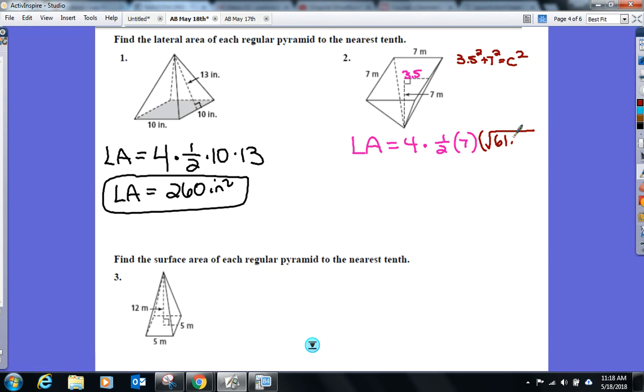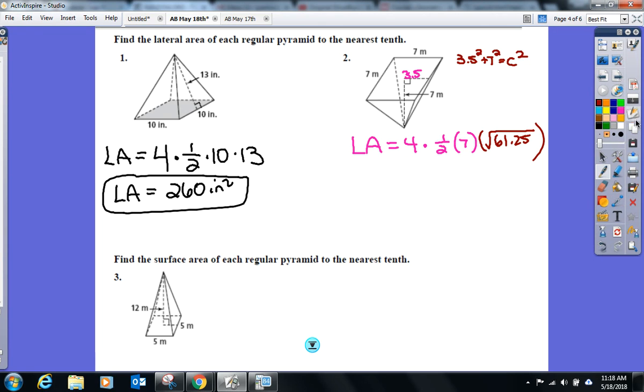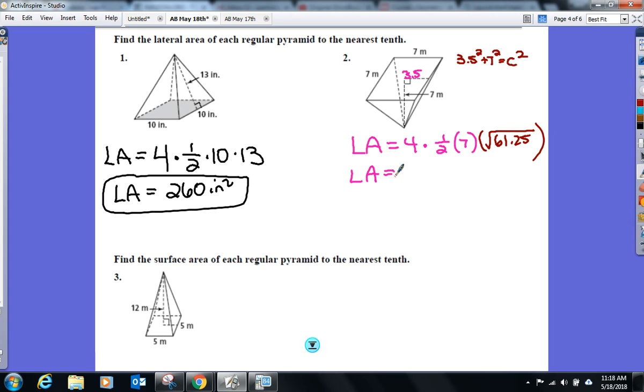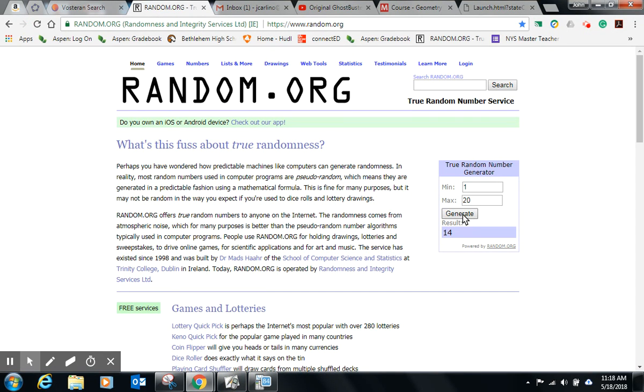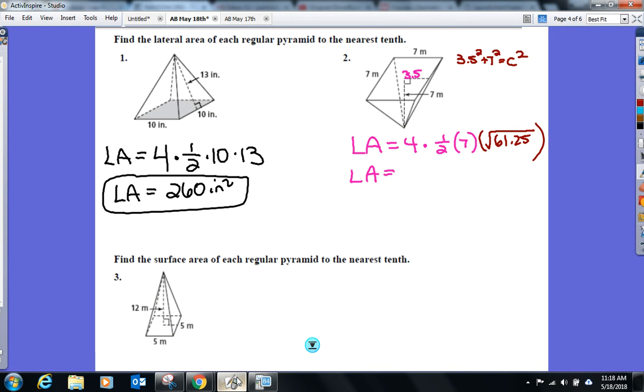Yep, that's what I'm looking for. I don't want to write out that decimal yet. I could just leave it like that. Now go ahead, everyone, multiply everything through. And that lateral area ends up being, one more time here, 14. Got it.